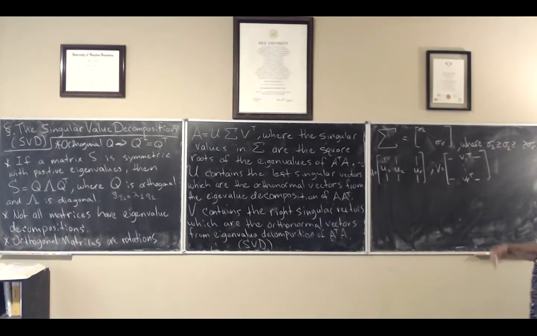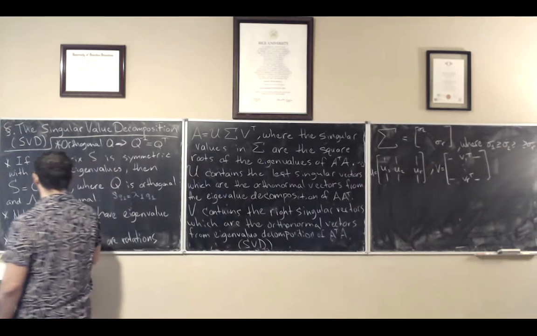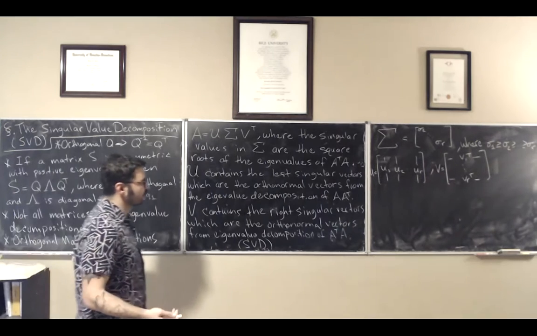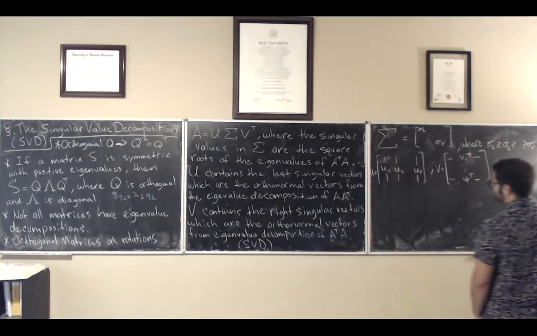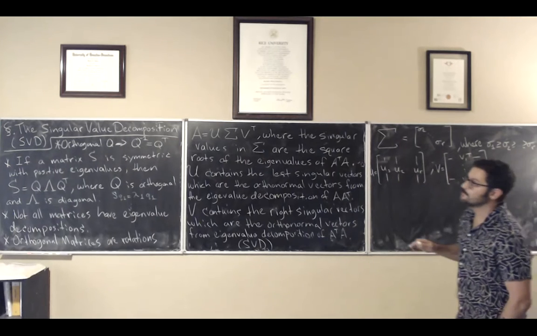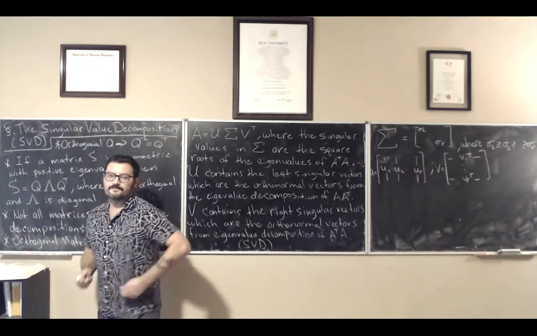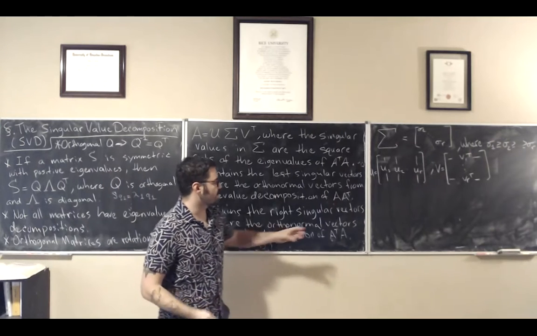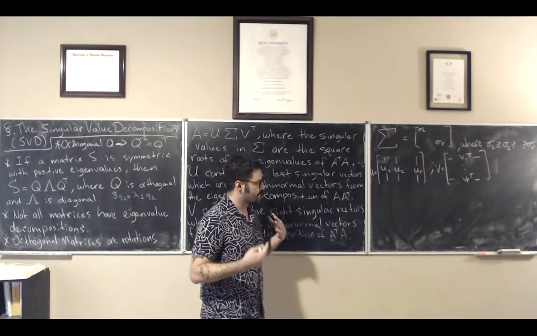So now that we have that, that's more or less the decomposition we want. It's based off of really the eigenvalue decomposition of AA transpose and A transpose A. Not how you would compute it in practice typically. You would not want to multiply two very large matrices together for several reasons.